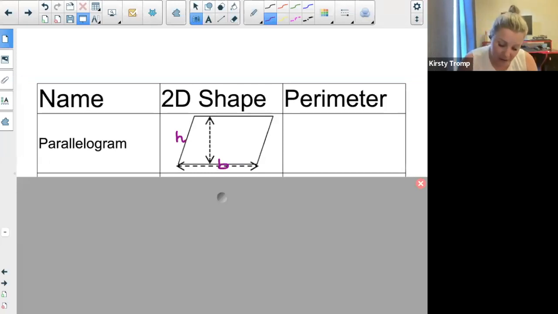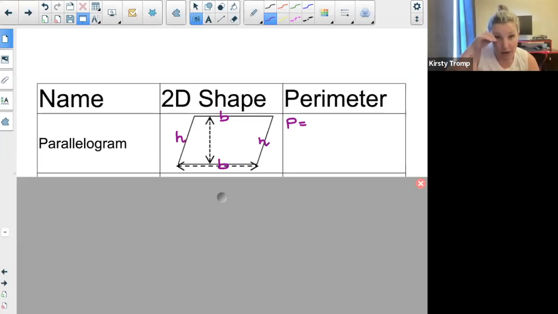So, to calculate my perimeter, perimeter is on the outside. Peter, perimeter, outside. This is also a base, and this is a height. How do I know that? Because the opposite sides of a parallelogram are equal.